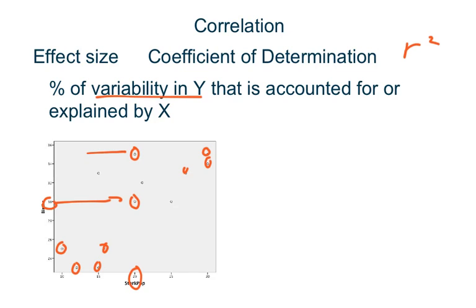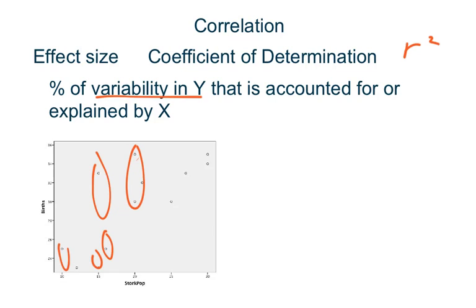So what the coefficient of determination tells us is what percent of this variability of why there's some low scores and some high scores in the data, what percent of that is explained once we know what the x variable is.